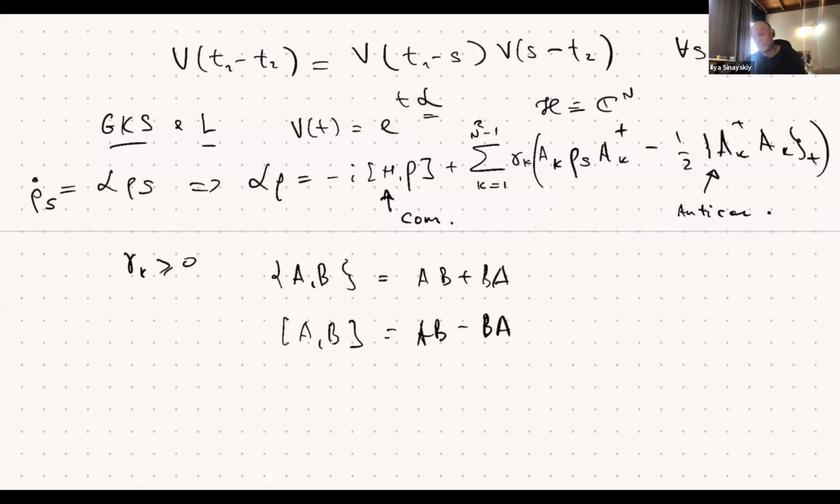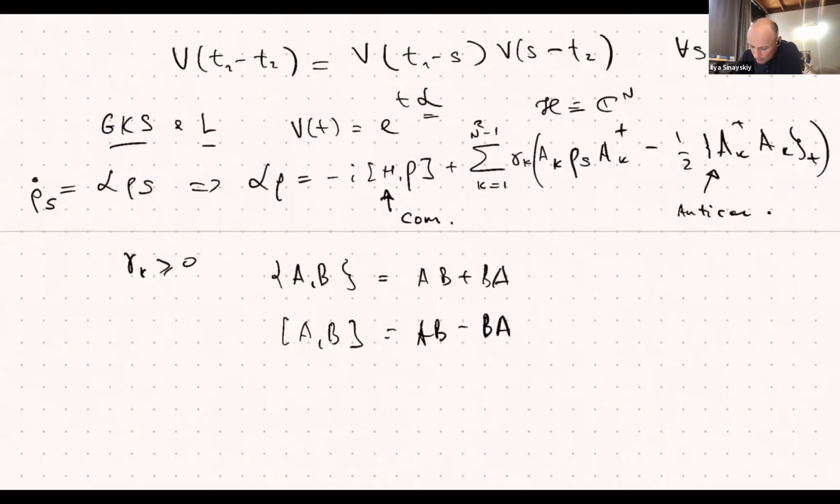So this is a generic derivation: if you take any N-dimensional Hilbert space, under certain assumptions you end up with a description of your interaction with the environment which is described by such a super operator. And why is it called a super operator?